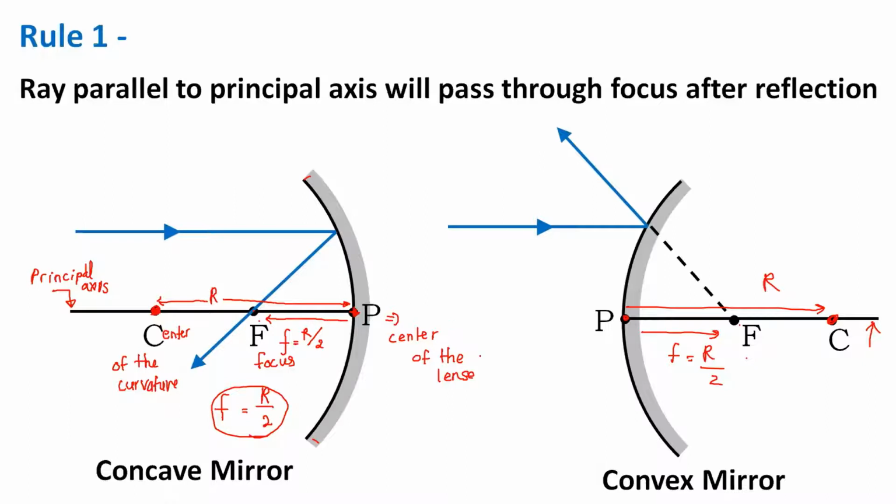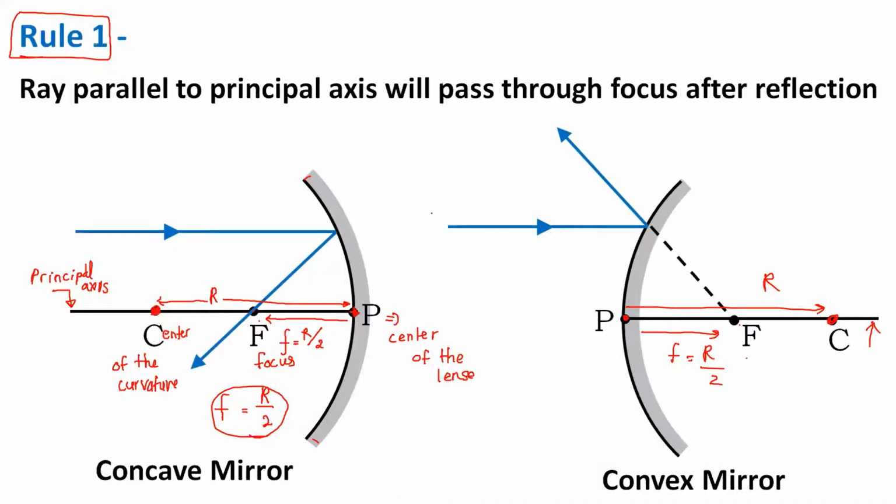Before we go forward, we need to learn 3 types of rules for drawing light rays, because it becomes very useful when we are going to draw ray diagrams.